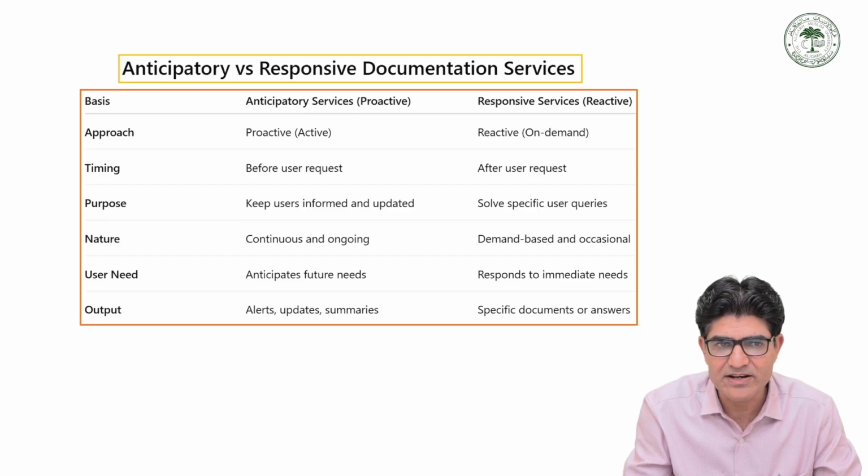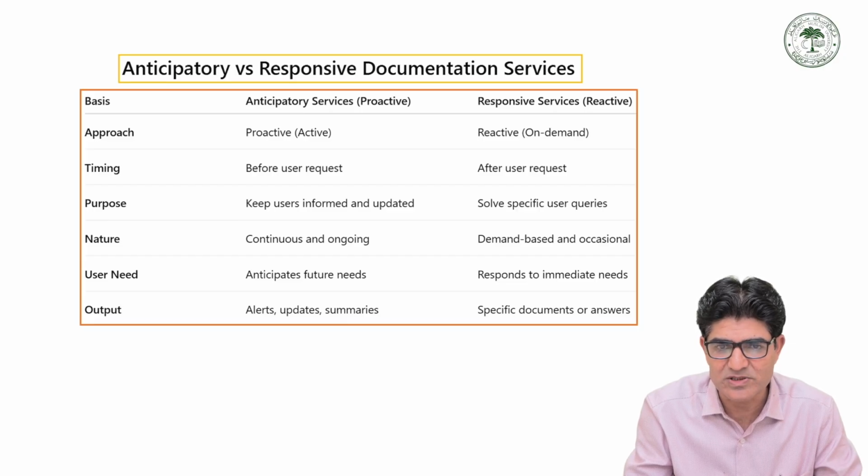In terms of the nature of services, anticipatory services are continuous and ongoing, but responsive services are offered on demand. They are not continuing services, they are occasional services whenever the demand is there. When we talk about the user need, anticipatory services anticipate future need.